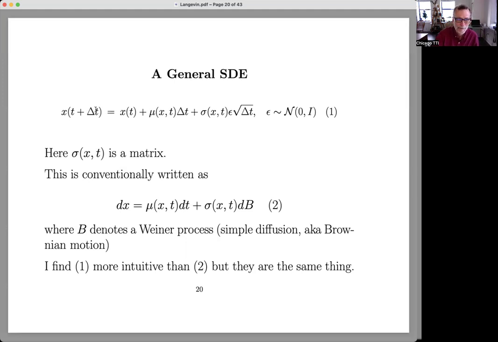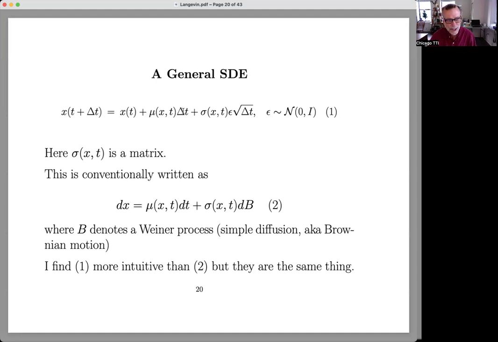So x of t plus delta t is x of t plus some linear direction that you're moving, usually written as mu. This is the gradient term, some direction you're moving, and that direction can be a function of both x and t, times delta t.